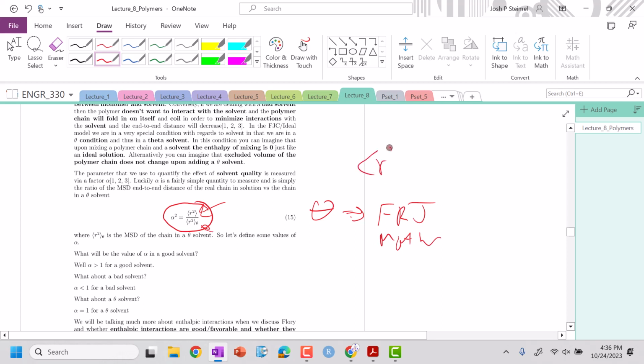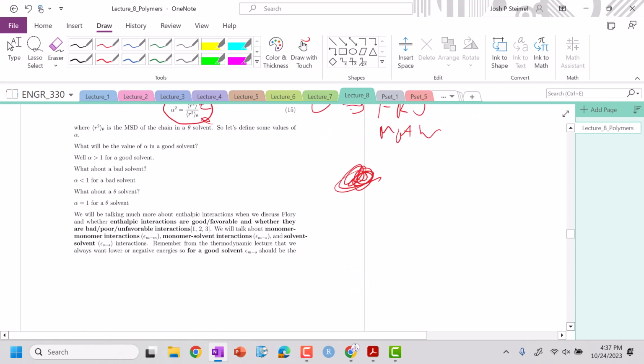So our R squared will be N L squared. So this will be our end-to-end distance squared in this particular model. Now, if I have a polymer, and I put that polymer in a good solvent, what happens? Well, in a good solvent, it will swell.